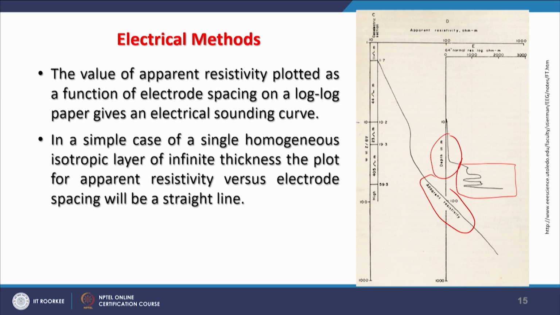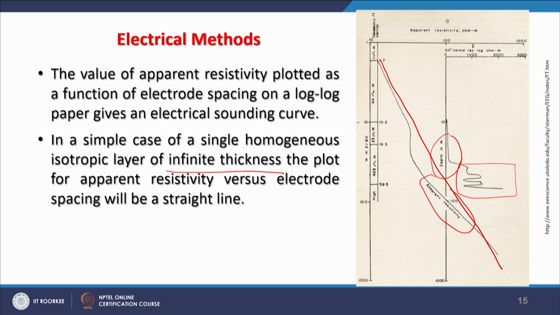So, in a single homogeneous isotropic layer of finite thickness or of infinite thickness, the plot for apparent resistivity versus electrode spacing would be a straight line. So, this line instead of a curve would be a straight line in the case of a single homogeneous isotropic layer of infinite thickness, but we do not get that, and therefore, we get the curve.